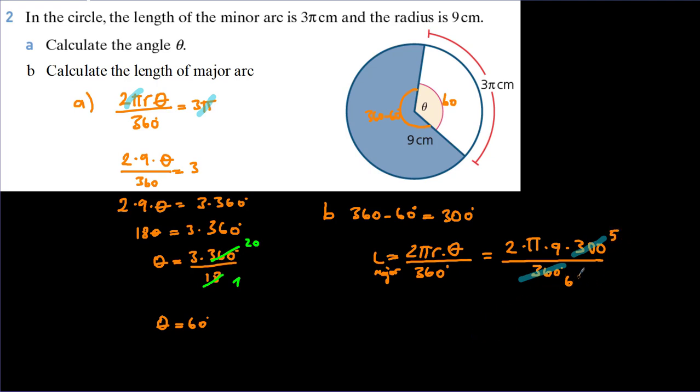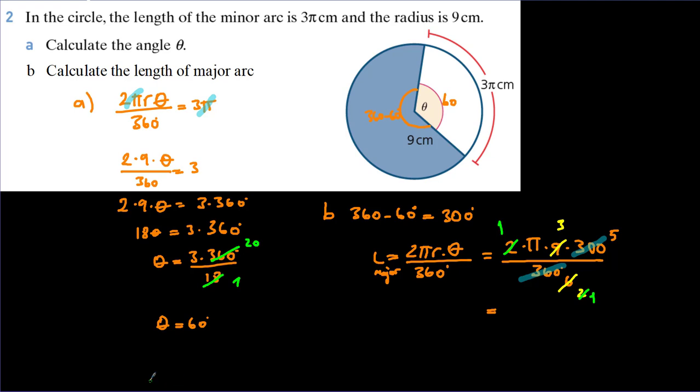So 6 and 9, both of them are divisible by 3. You will divide this one and this one by 3. This is going to be 3 and this is going to be 2. And this 2 you may also simplify by this 2, which is equal to 1 and 1.